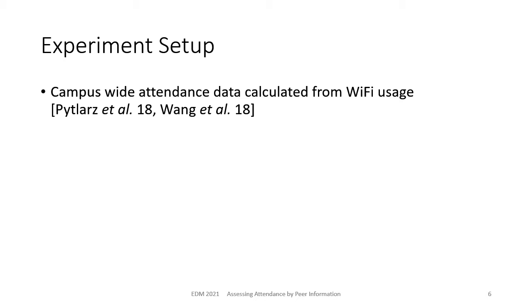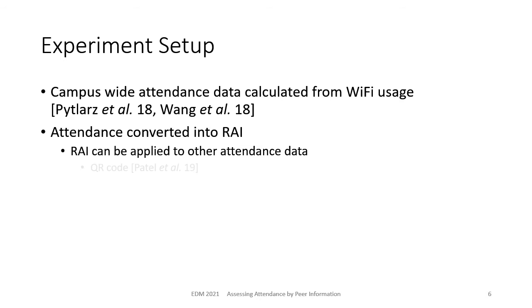In our experiments, we calculate campus-wide attendance data based on Wi-Fi usage. The attendance values were then converted into RAI. Please note that RAI is a general method and can be applied to other attendance data, such as those calculated using QR code.